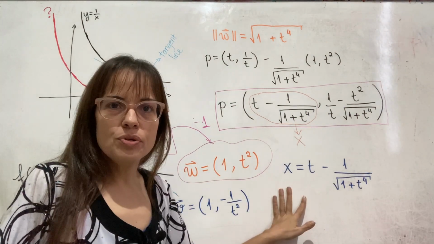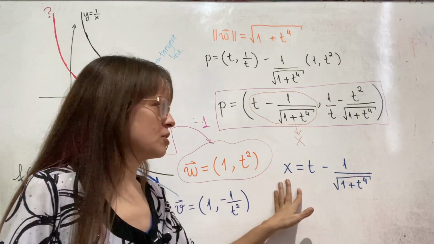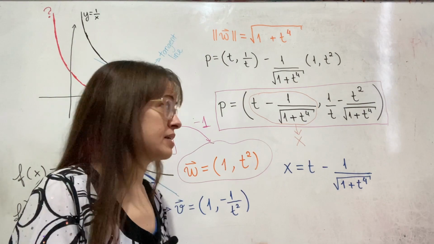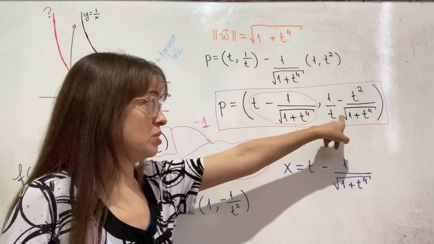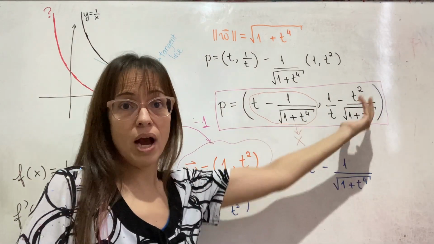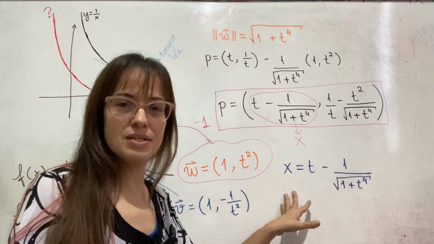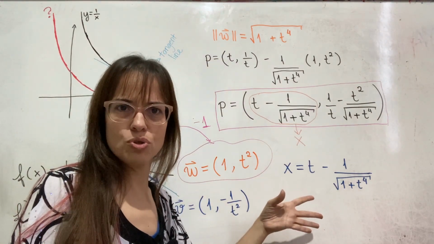In theory, you can do this by writing this and solving for t, because then you'll get t in terms of x and then substitute into the other t over there to get y in terms of x. But that's just in theory, because this really doesn't look like an equation that I want to solve.